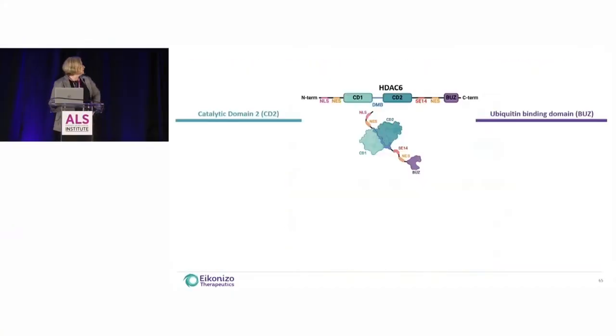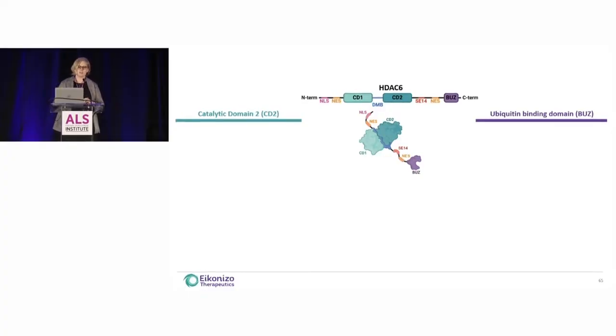So HDAC6 is a protein with two catalytic deacetylase domains, CD1 and CD2, which remove a chemical group called an acetyl group from its substrate proteins, not unlike a pair of scissors cutting off a string from your favorite sweater.